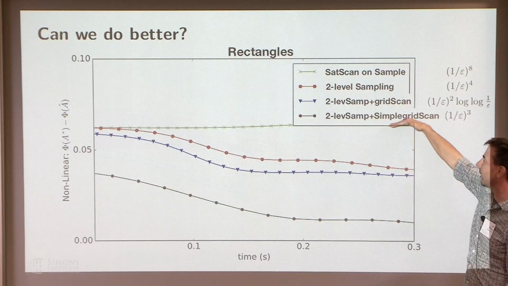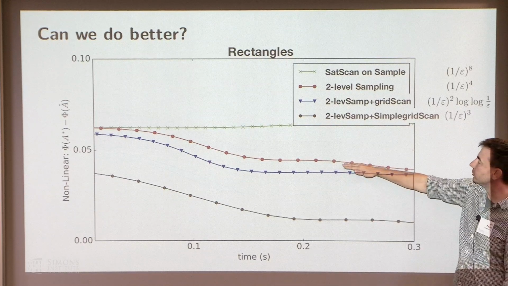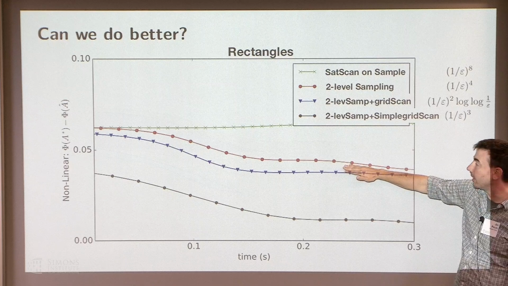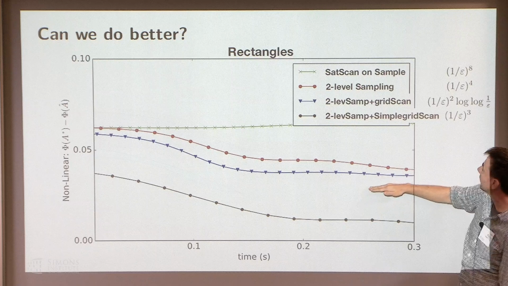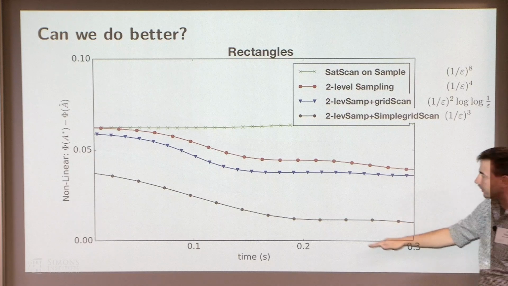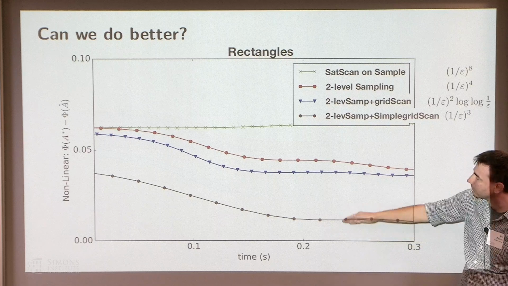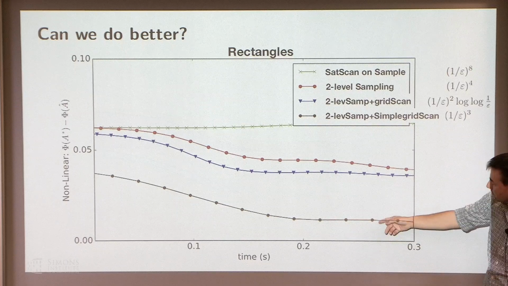You really have to go pretty far out in time for the error to drop to something small here. This is the generic two-level sampling I told you about before. And then this is a faster algorithm. It's really decreasing. I said I wanted to get about 0.01 error, and it gets there in 0.2 seconds.